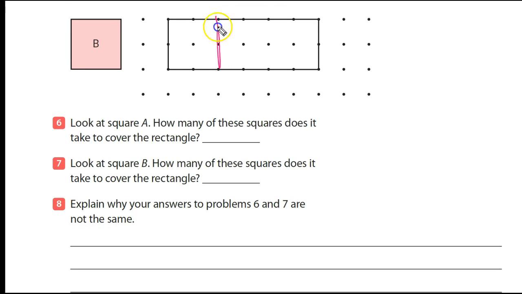Look, there's 1 right there, and there's 2 right there, and then there's 3. So I was able to do 12 for A and 3 for B. They're not the same, because the unit square in A is a lot smaller than the square in B. That's how I know they're not the same.